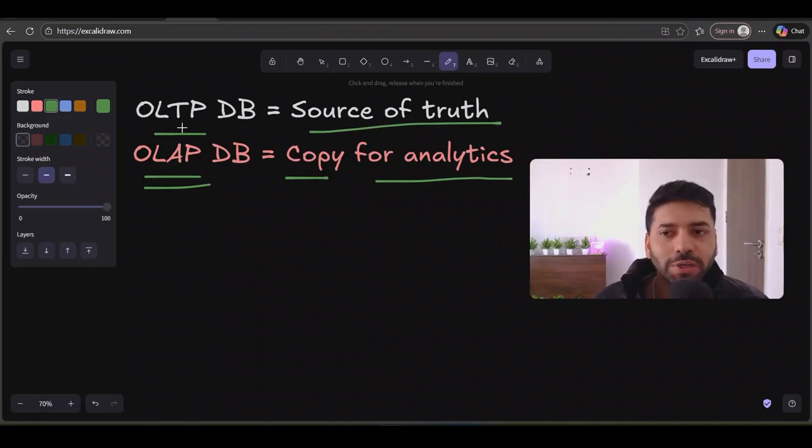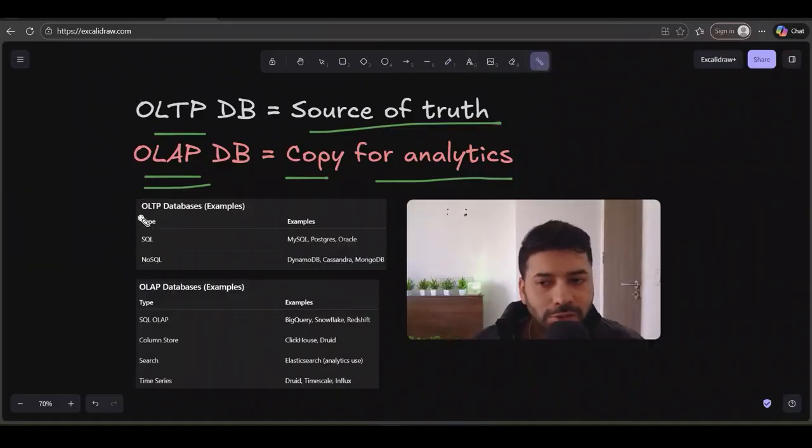Some of the NoSQL databases are also used in OLTP. Similarly, for OLAP, some of the SQL and NoSQL databases, depending on their properties, how they perform the task, what are their characteristics, can also be used for OLAP. So these are just kind of categories, but in databases, we generally use SQL and NoSQL in these.